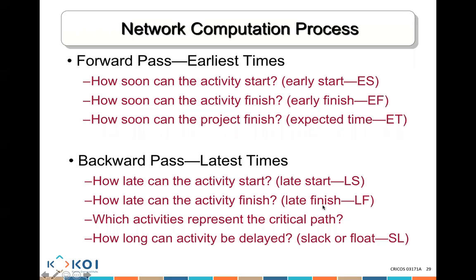Then we have the backward pass, which gives the late start. How late can the activity start? There's a late finish. How late can the activity actually finish? And there's which activities represent what is known as the critical path, and how long an activity can be delayed for. This is what we call the slack.